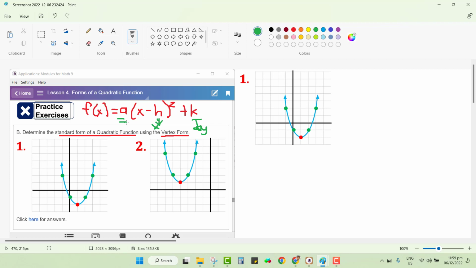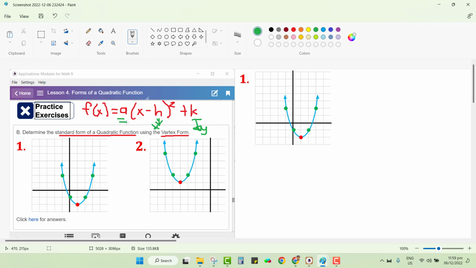A is any constant, and if you still remember, a is the leading coefficient of a quadratic function. The value of a can differ, whether it is 1, greater than 1, or less than 1, and we can also predict the movements of our functions later.